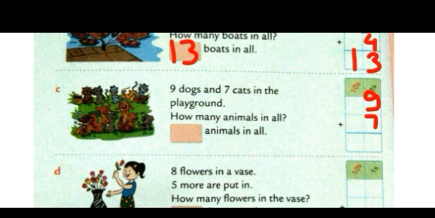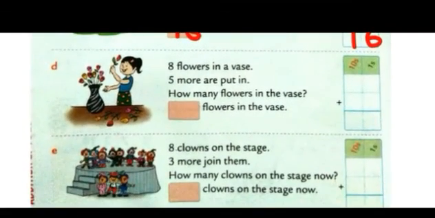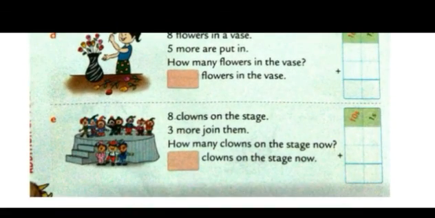Starting from 9, we will move forward 7: 10, 11, 12, 13, 14, 15, 16. So, when we move forward 7, we got the answer 16. This is the way you can solve these story sums. Now, these remaining 2, you can try out as homework.